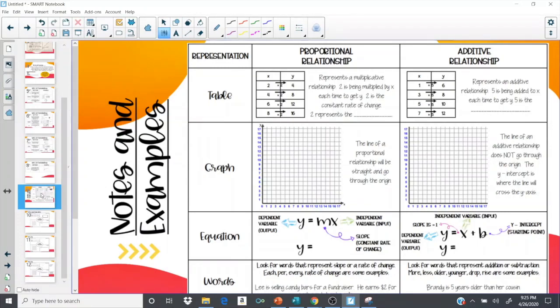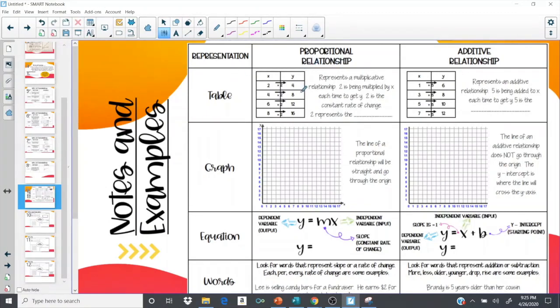So this table is going to help us compare and contrast additive and proportional relationships, okay? So you can represent proportional and additive relationships in 4 different forms: a table, a graph, equation, and words. So we're going to discuss one at a time.